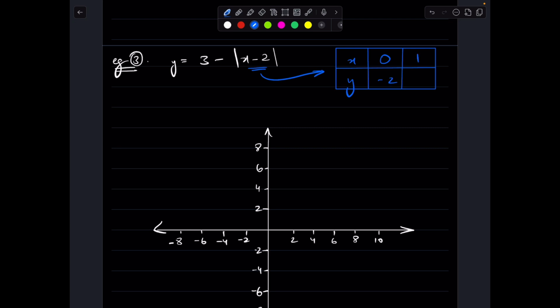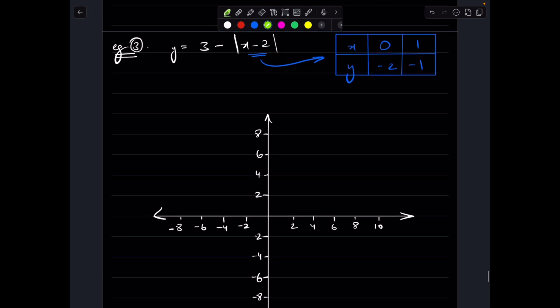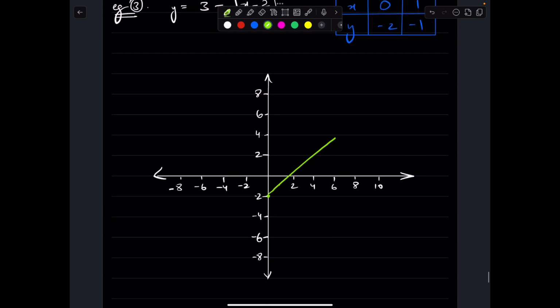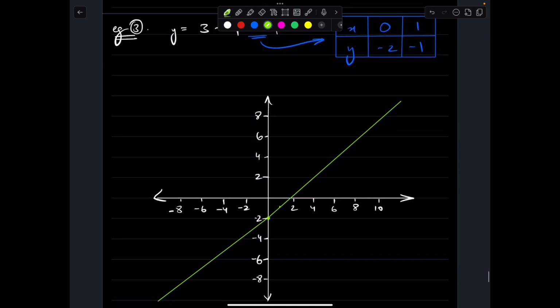When x is 1, y is minus 1. So this graph should look something like this. You have a point here and a point here. Extend this graph and then apply the modulus.